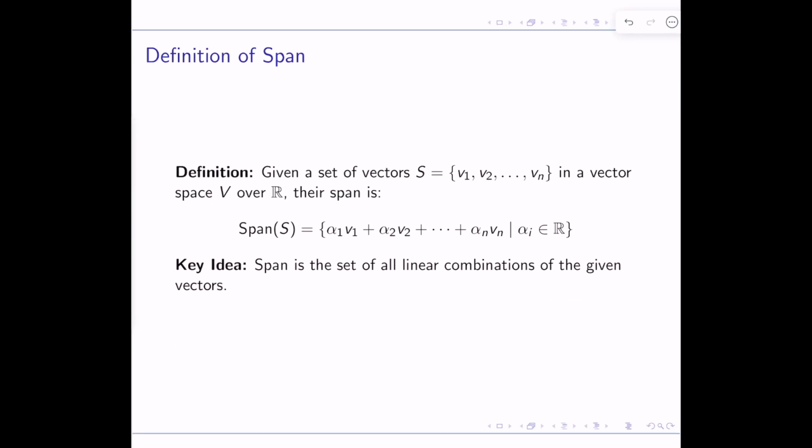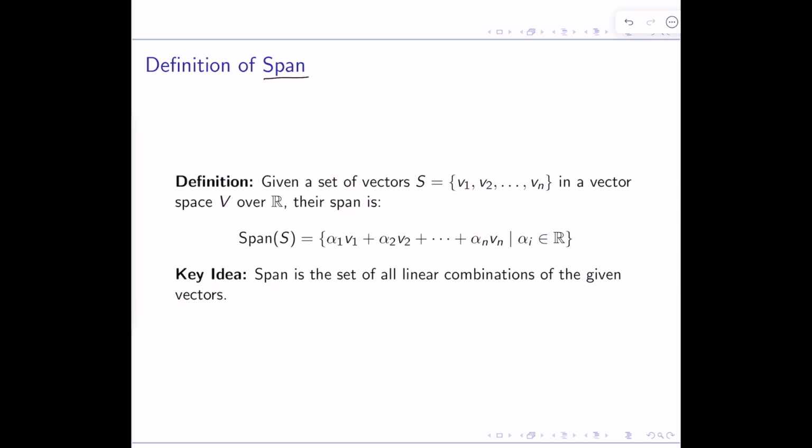So what is the definition of span? You have a vector space V over the real line R, and you take a collection of vectors V1, V2, V3, and so on. Here, S is a subset of a vector space V having elements V1, V2, ..., Vn.